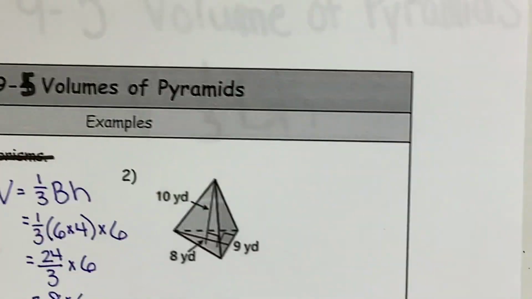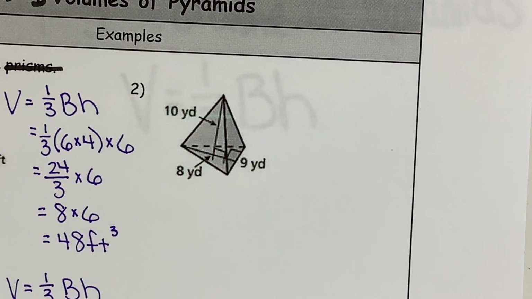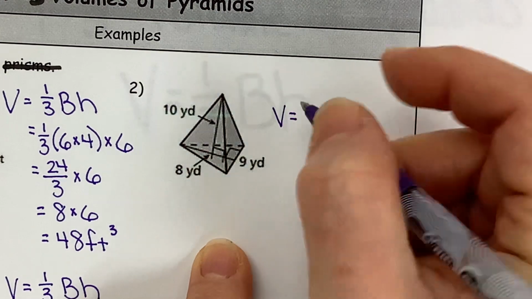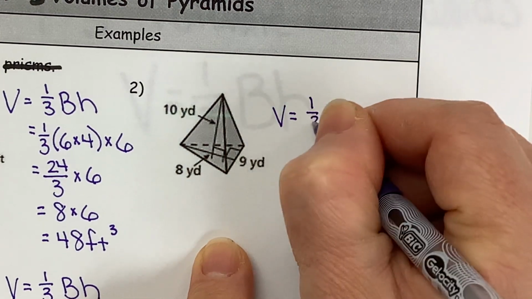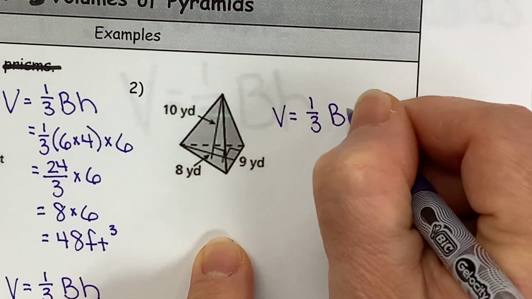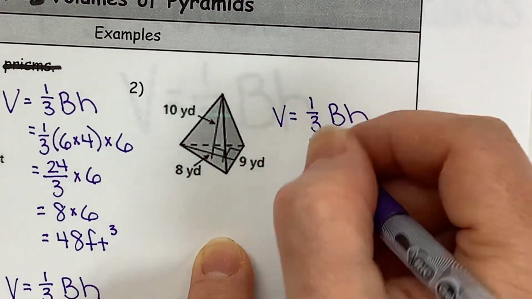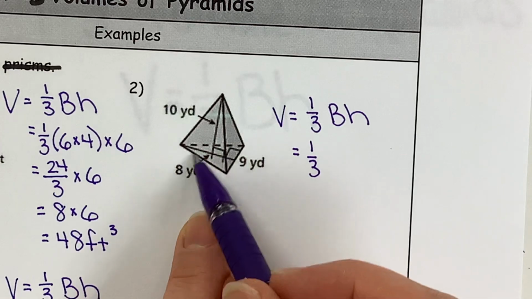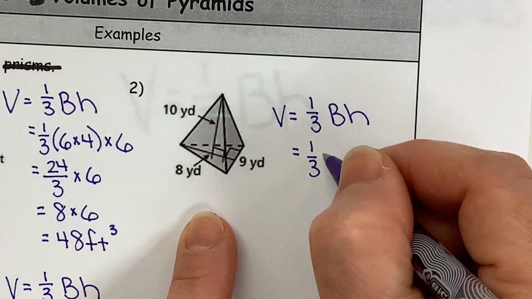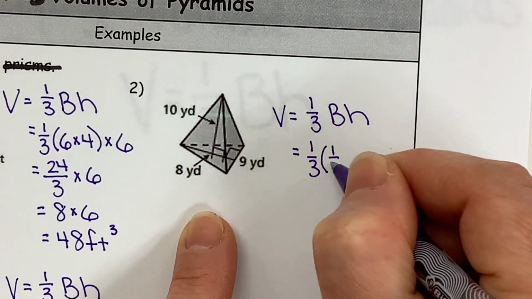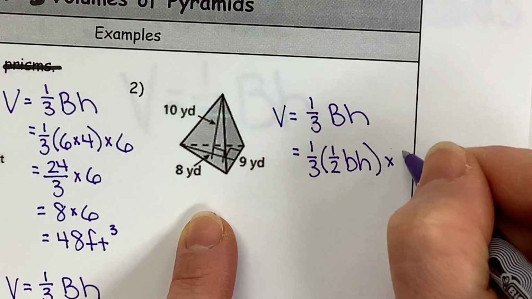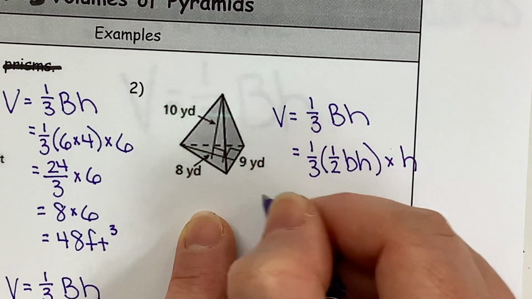All right, let's jump back to number 2 now. On number 2, we know our formula. Okay, so everybody, what is the formula? 1/3 area of the base times height. So we have 1/3, but the area of our base, that base is a triangle. So that means our triangle is 1/2 base times height times the height of the whole figure.